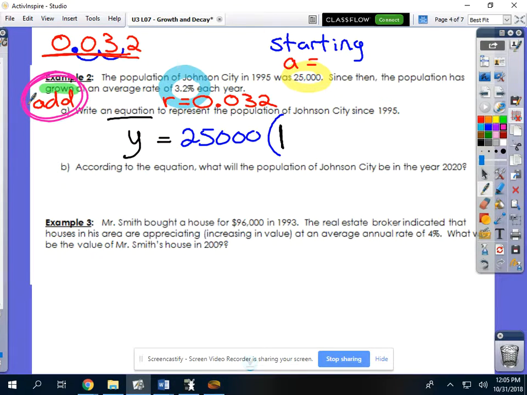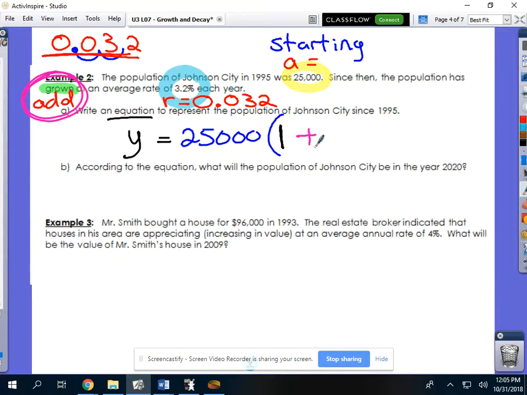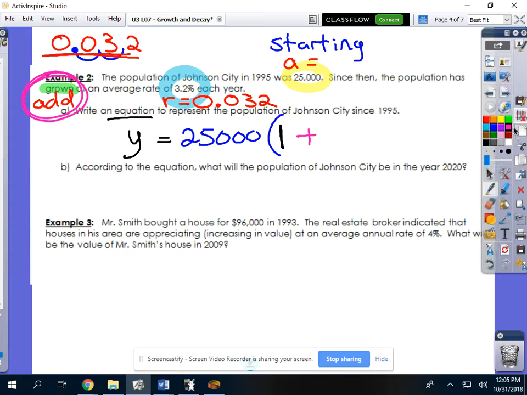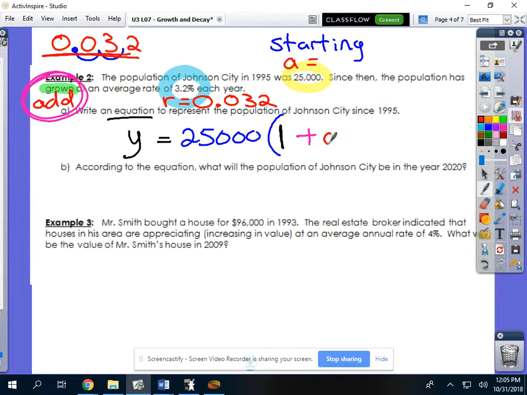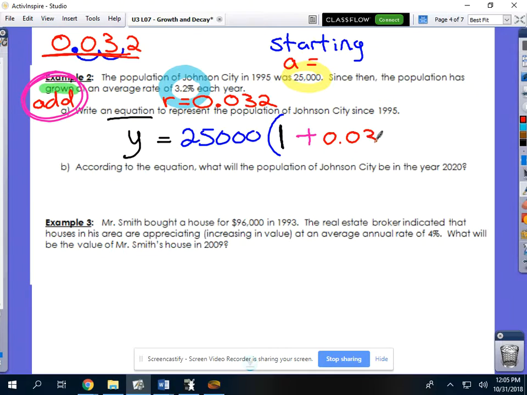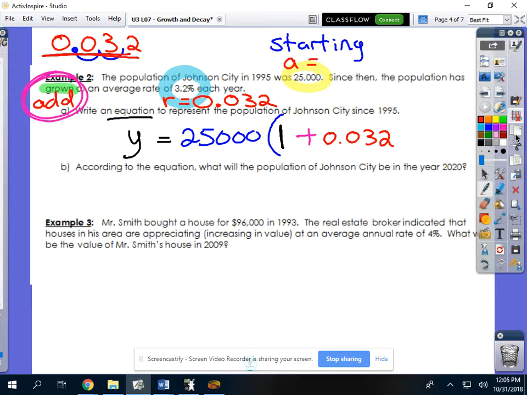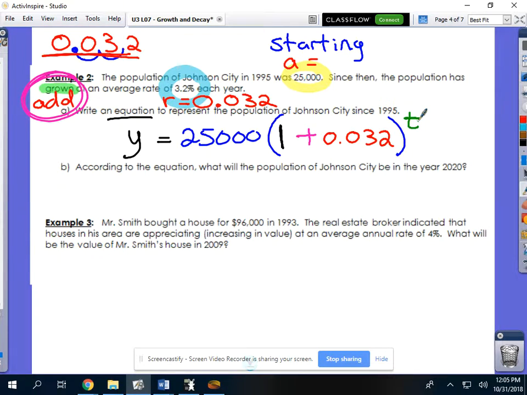So if it's growing, that means we have to add, and we're going to add the R value. So 0.032. Then we can close the parentheses and we raise it to the time. That's going to be our T. We don't know what that T is yet, but we know that's our time. Okay? So there's our equation.